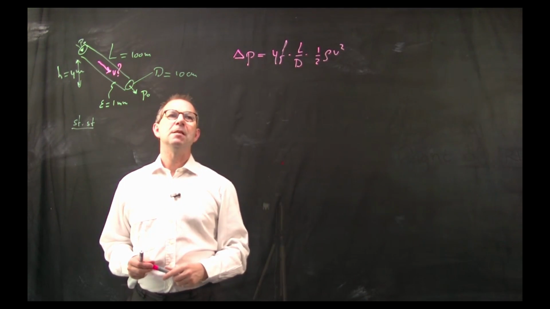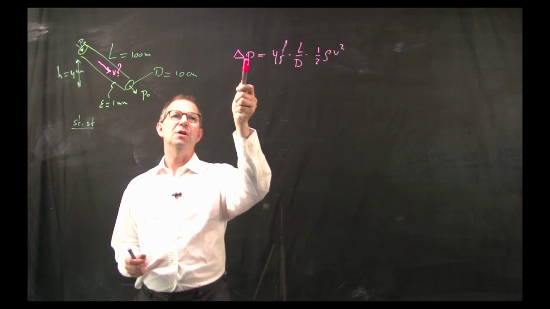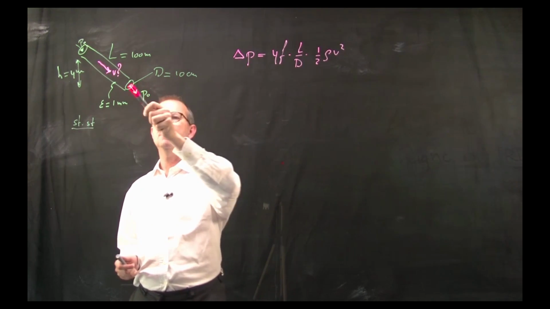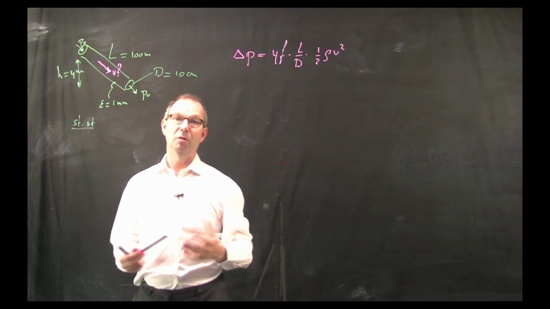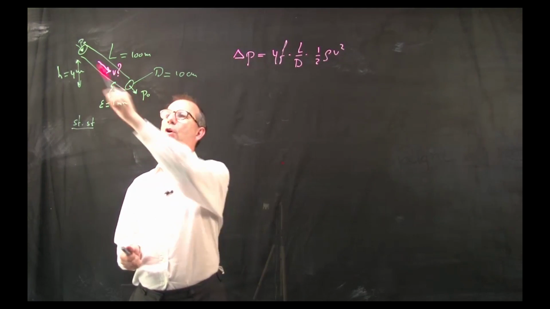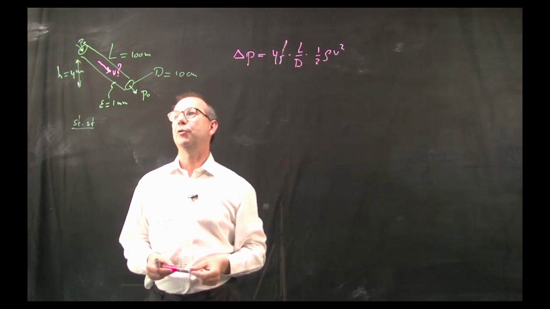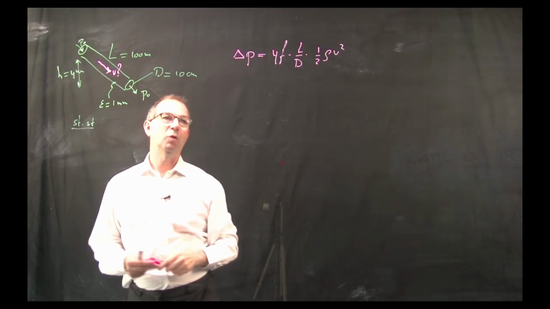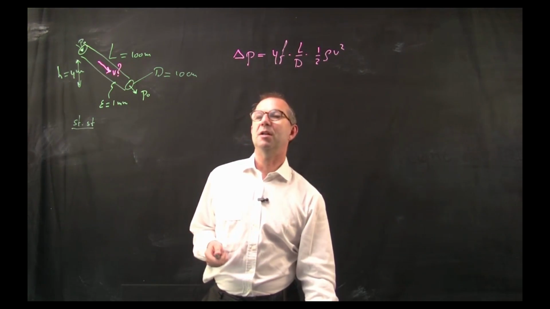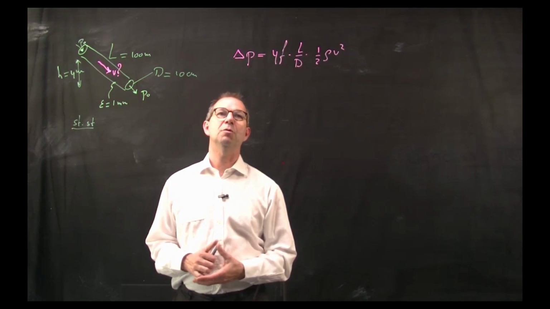Okay, but now I can't use this because delta P across is 0. Nevertheless, we do know that the water will start flowing from the higher to the lower point, and thus I need to rethink how to do this.